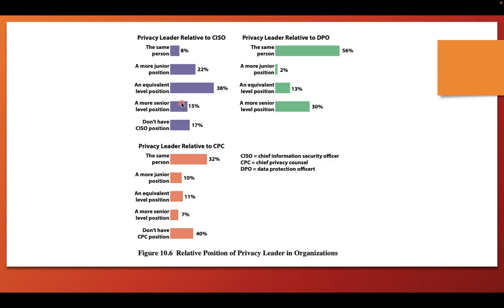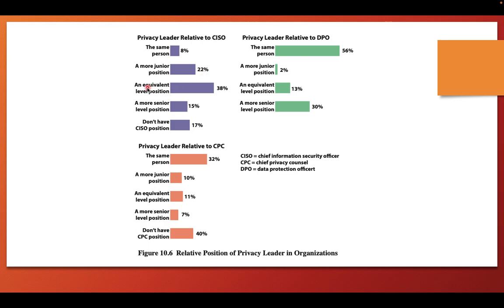Now let's look at these organizations and how they see the privacy leader. Those who say the privacy leader is the same as Chief Information Security Officer in their organization are 8%. Those who say privacy leader is a more junior position compared to the Chief Information Security Officer are 22%.